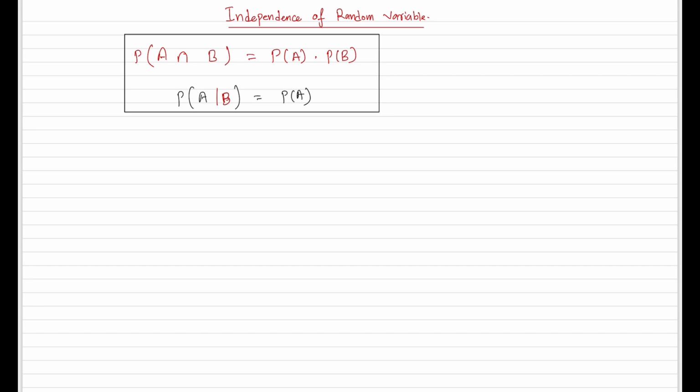We have a similar definition of independence of a random variable. Let's say we have a random variable X and an event A. The mathematical definition is that the event A and the event that the random variable takes on a specific value, little x, are independent if the probability of these two events happening at the same time is equal to the product of their individual probabilities.